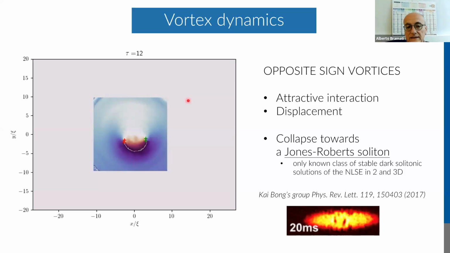And sometimes for specific conditions of the system, it is possible to observe a collapse of these two opposite-sign vortices toward the so-called Jones-Roberts soliton, which is one of the only known classes of dark solitons that are stable solutions of the nonlinear Schrödinger equation in 2D.